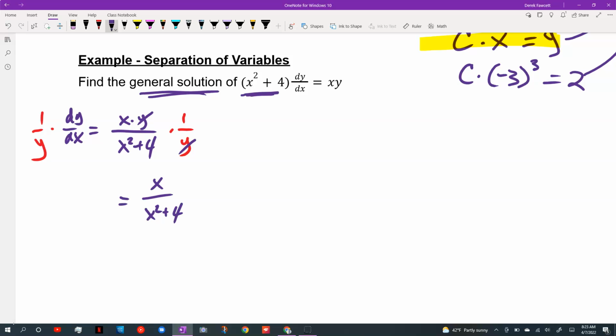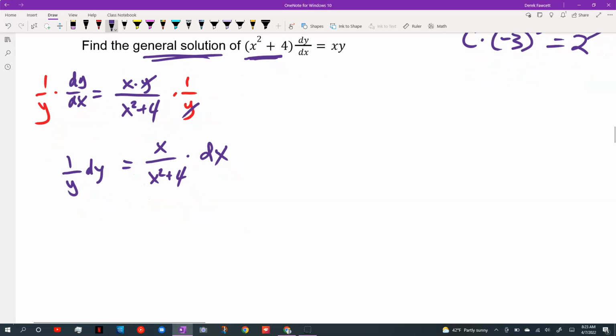I'm also going to multiply both sides by dx to get rid of it there. So you would have 1 over y dy is equal to x over x squared plus 4 dx. Now our variables are separated, so we're good to go.